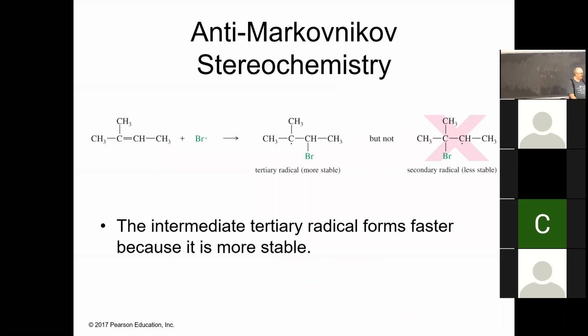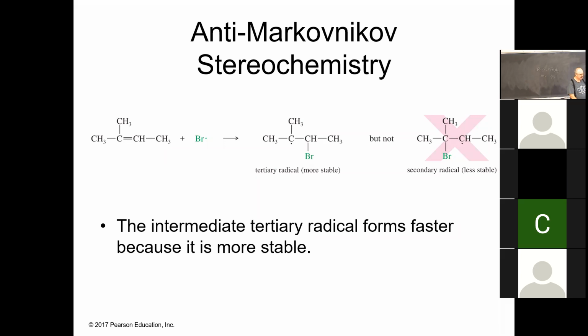So with 2-methyl-2-butene, when we add bromine to carbon number 3, that gives us a tertiary free radical. Adding a bromine to carbon number 2 would give us a secondary free radical, which is less stable.